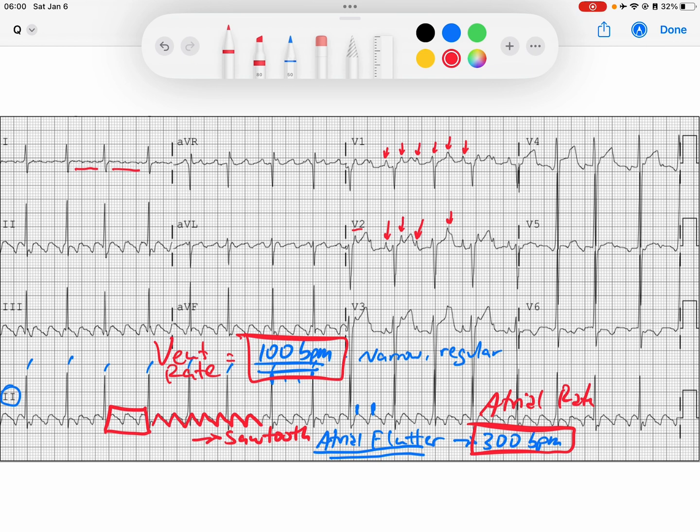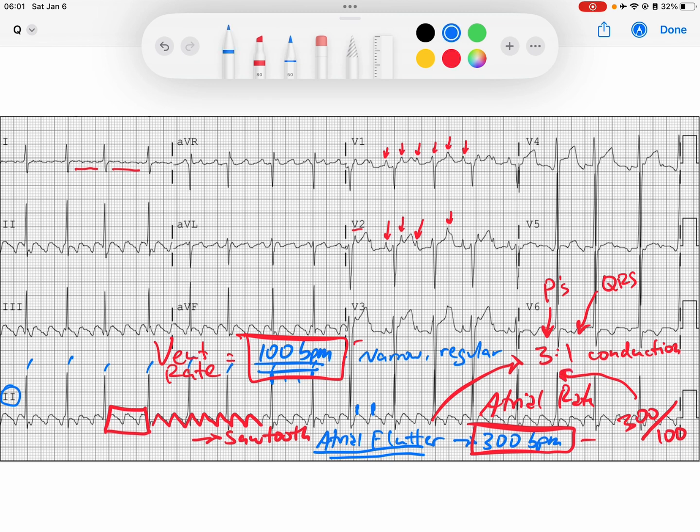So I can just mathematically guess that this is going to be atrial flutter with 3 to 1 conduction, meaning that for every 3 P waves, I get 1 QRS. Because if I do 300 divided by 100, which are our atrial and ventricular rates, I get a 3 to 1 ratio. And let's verify that.